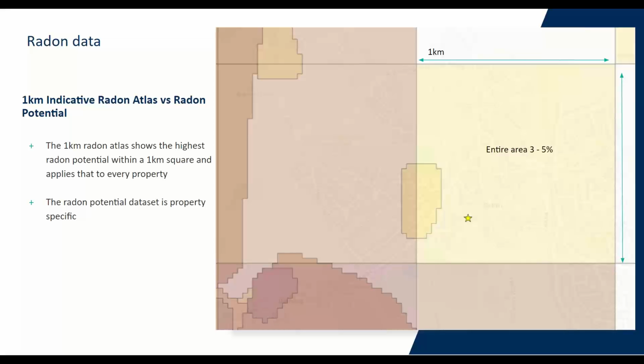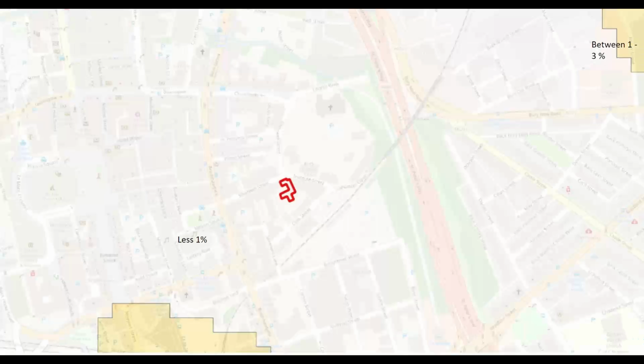So that's where property specific data versus the 1 kilometer radon atlas, which is what's used in the CON 29, has advantages and disadvantages, because what they'll do is take the highest rating within that 1 kilometer square and apply it to the whole square. Which is good for an overall view, but not necessarily good in terms of accuracy when you're looking at specific properties.